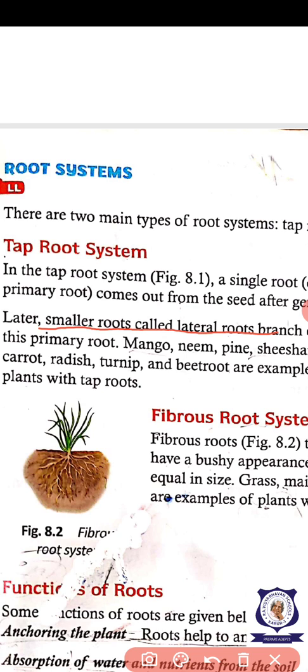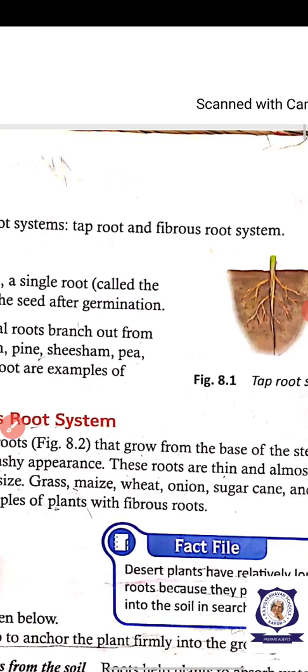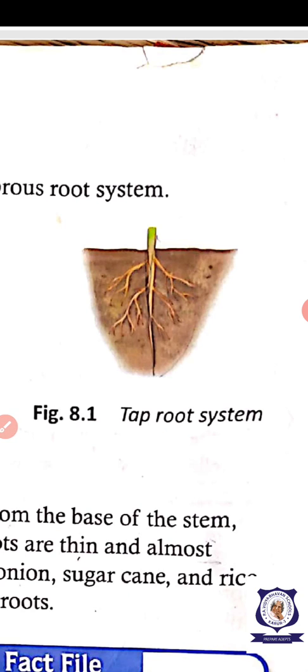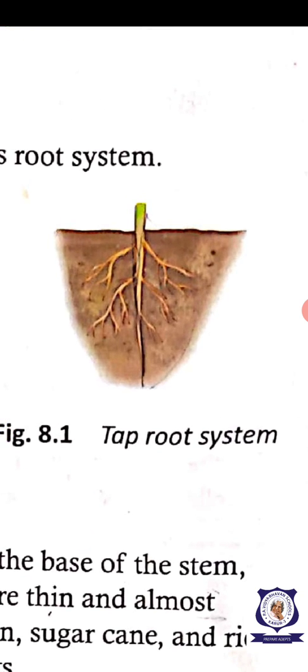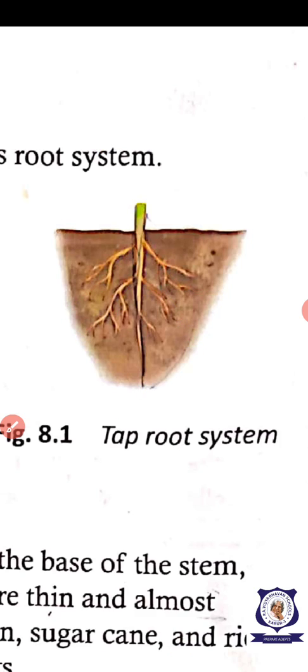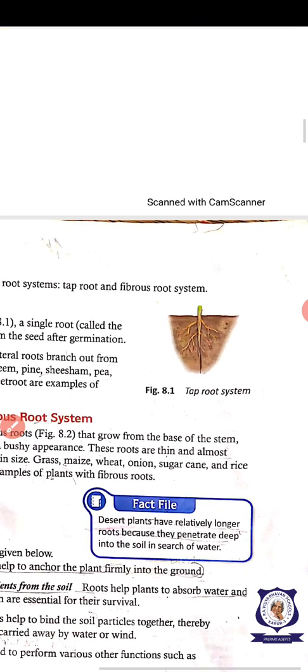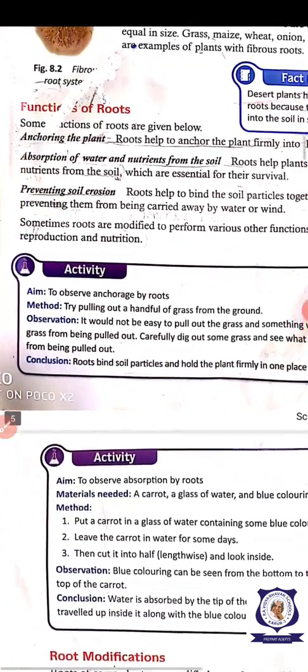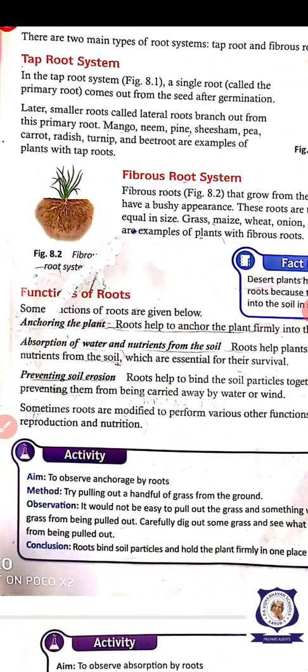The taproot system is the character of mango, neem, pine, sesame. All these have a taproot system. In this, one main root is there and the secondary roots come out. The main root is called the primary root and the secondary roots are called the lateral roots.